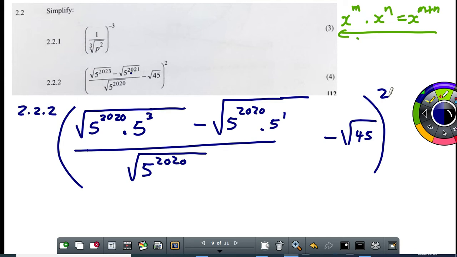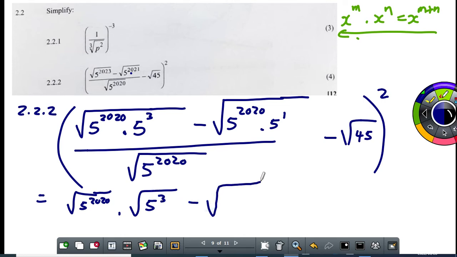Okay? Now, using the multiplication law of surds, I can write this as the square root of 5 to the power of 2020 times the square root of 5 cubed minus the square root of 5 to the power of 2020 times 5 to the power of 1. Right? Like that.